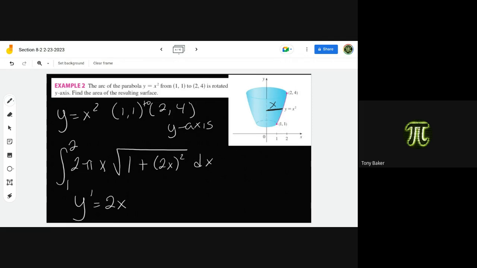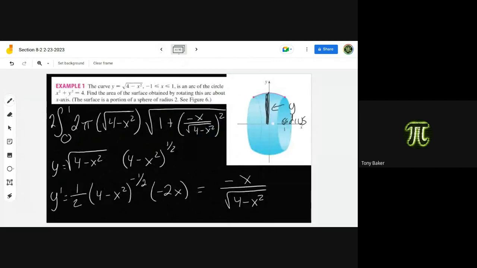Why do you use x and not x squared? Because that's not the function. That's just x. The radius is where I'm going from the axis to where I'm going. So in the problem that I just did over here, I was going from the x-axis to the function.